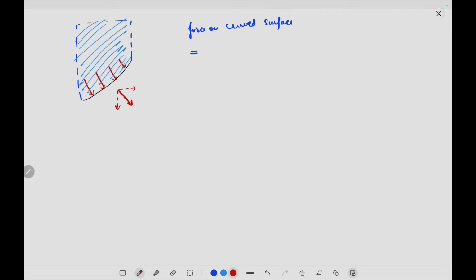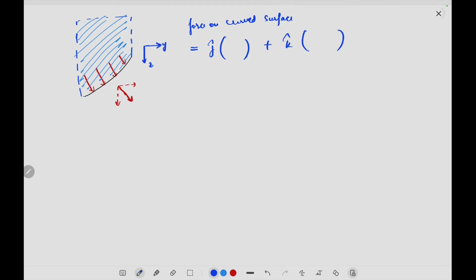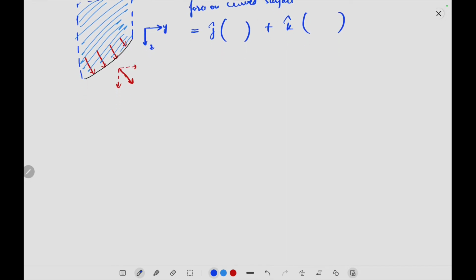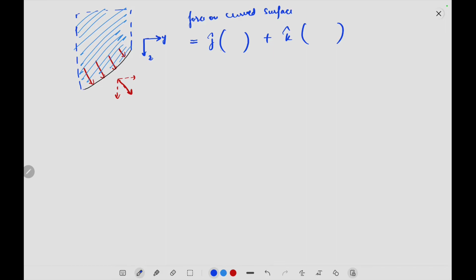Whatever the coordinate axis is given to me, let's say the coordinate axis is y and this is z. So the force by the fluid on the curved surface would be j hat times the magnitude of the force along j hat plus, now this is acting in plus k hat direction, so plus k hat times the magnitude of the force in the z axis. Now what are these magnitudes?